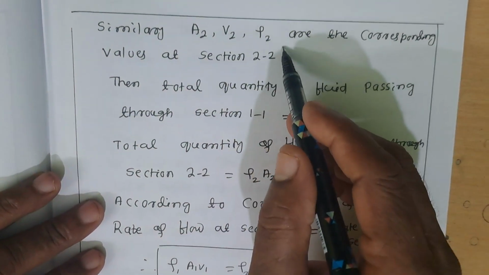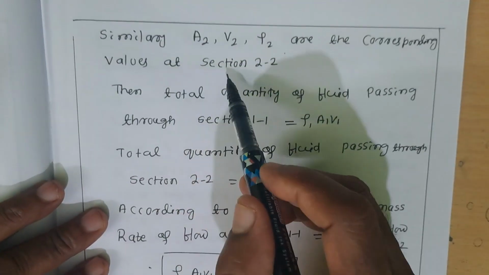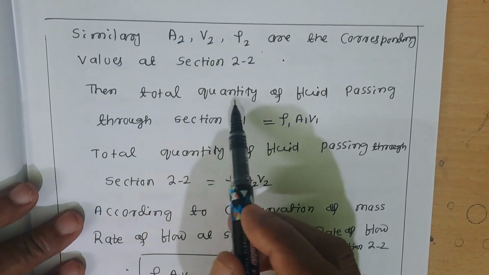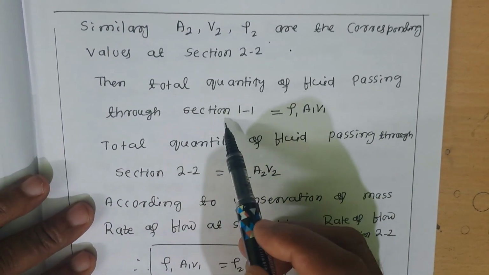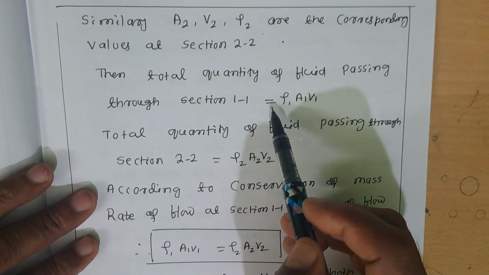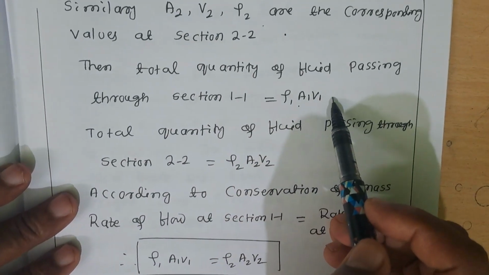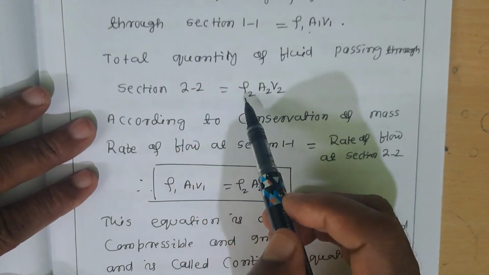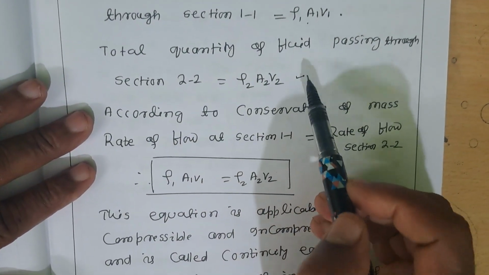A2, V2, rho 2 are the corresponding values at section 2-2. Then total quantity of fluid passing through section 1-1 is equal to rho 1 A1 V1. Total quantity of fluid passing through section 2-2 is equal to rho 2 A2 V2.